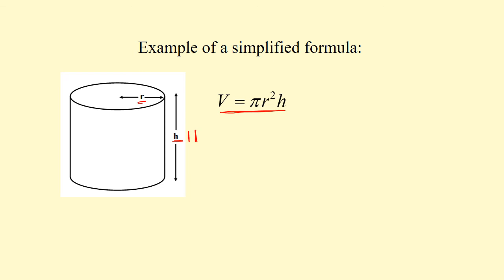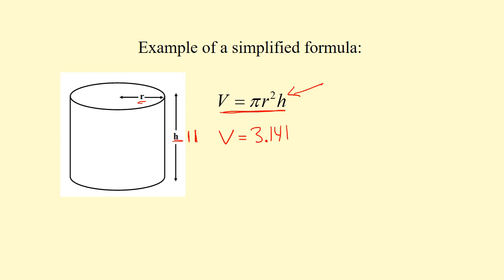And what we want to do is figure out the volume of cylinders with different radii that have that height of 11. So this is the full formula here, but we're going to simplify it because we're only dealing with cylinders that have a height of 11. And furthermore, we know what pi is. We know it's about 3.141.